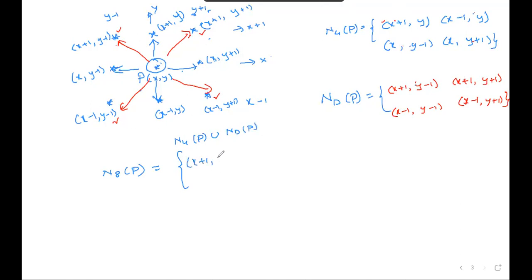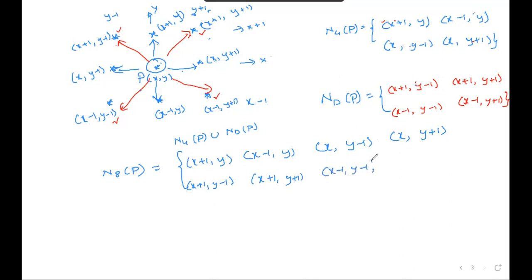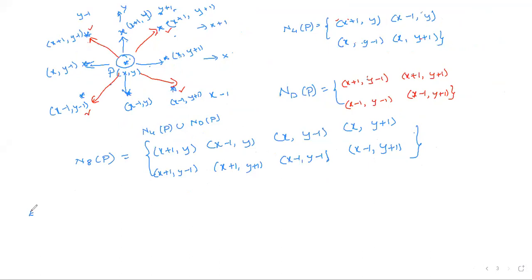So X plus 1 comma Y, X minus 1 comma Y, X comma Y minus 1, X comma Y plus 1, X plus 1 comma Y minus 1, X plus 1 comma Y plus 1, X minus 1 comma Y minus 1, X minus 1 comma Y plus 1. So these are 8 pixels. Let us consider a small example. I am taking one image.